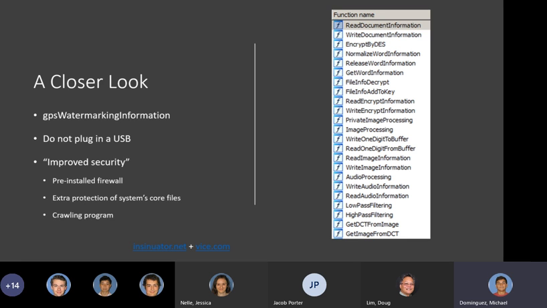This crawling program was pretty cool because it would go through the core system files and monitor all of them. If anything changed, it would just fix it. It would be like, okay, I see that somebody messed around with this file, so let me just fix it real quick.